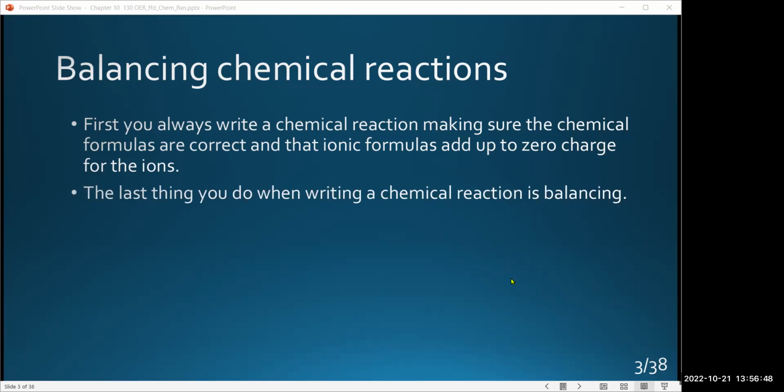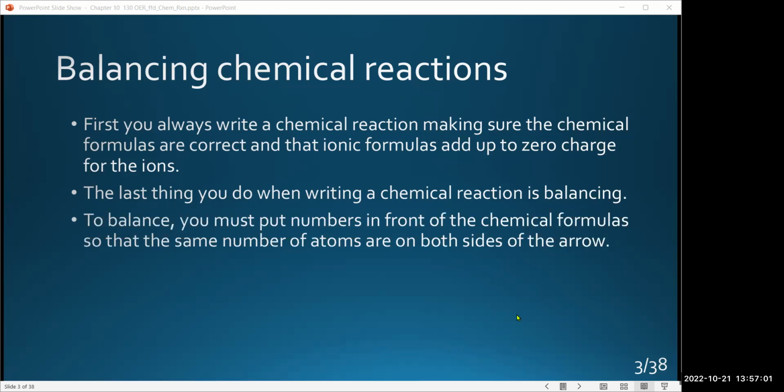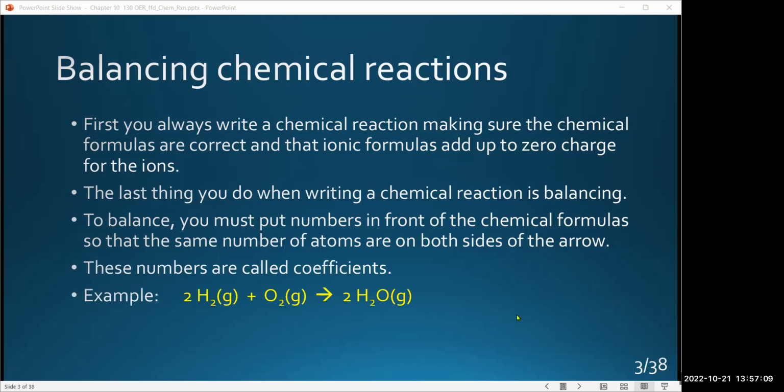Then once you put the reactants together and the products, you start playing with the coefficients and writing a coefficient such that the reaction is balanced and that we have the same number of elements on the reactant side equal to the number of elements on the product side, okay?